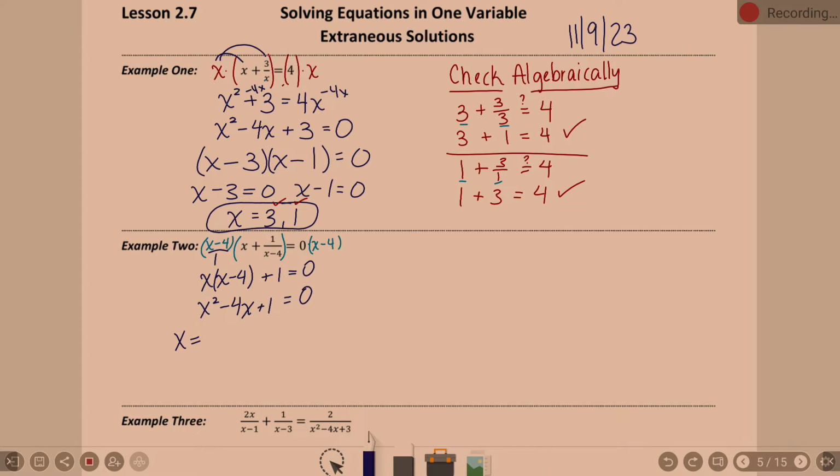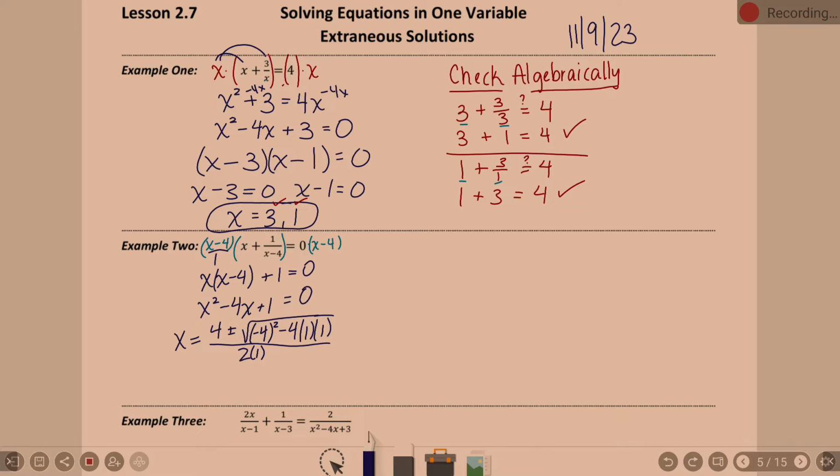Negative b, which means 4 plus or minus the square root of b squared. So negative 4 squared minus 4 times a times c, which are both 1s in this case, all over 2a, so 2 times 1. Okay?